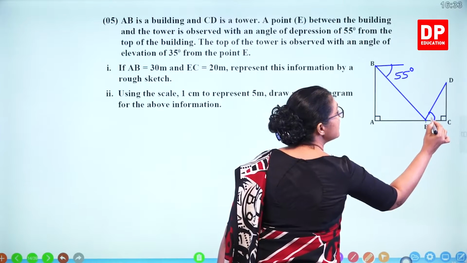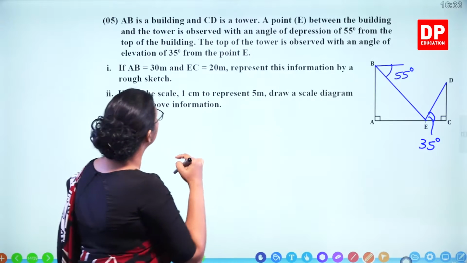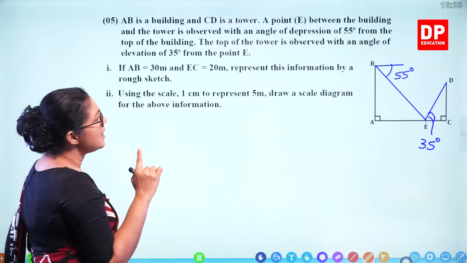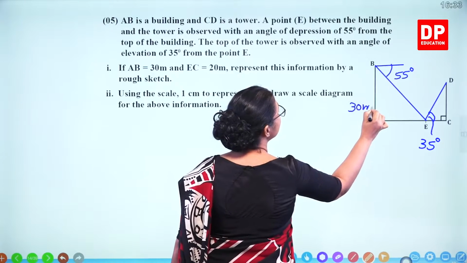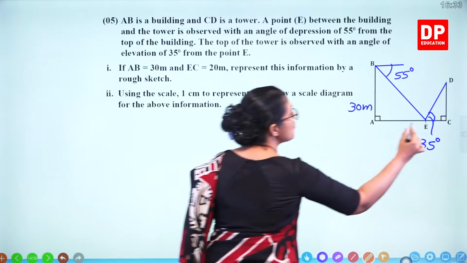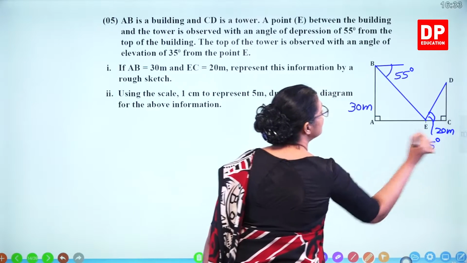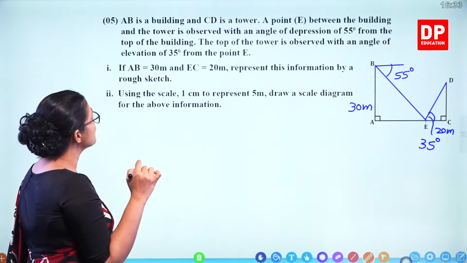So, this angle is 35 degrees. If AB is 30 meters, and EC is 20 meters, represent this information by a rough sketch.